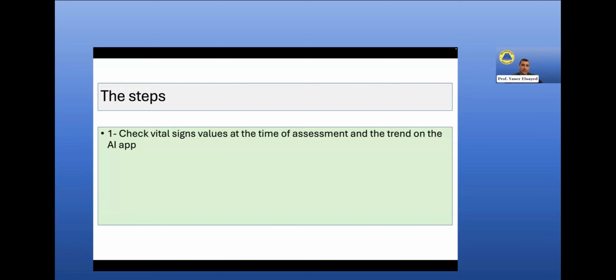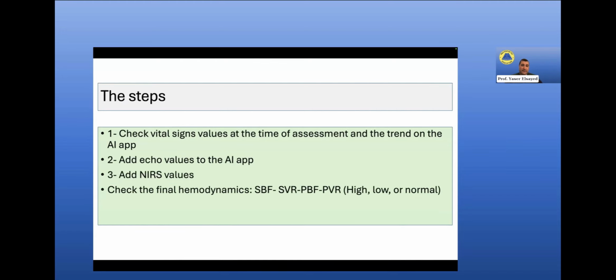And we developed AI applications to help you in that. And then you can add echocardiography to the AI applications, add nearest values, and then this AI integration can help you to reach a final assessment of hemodynamics.